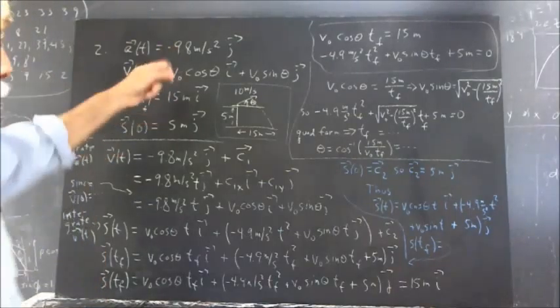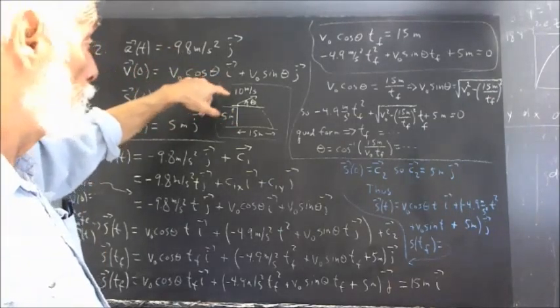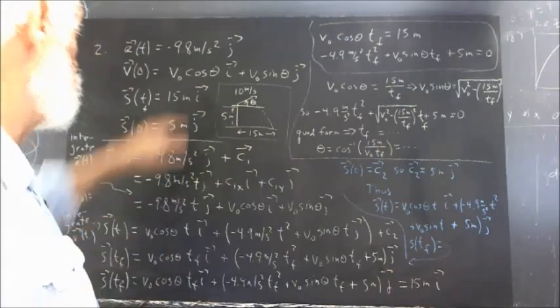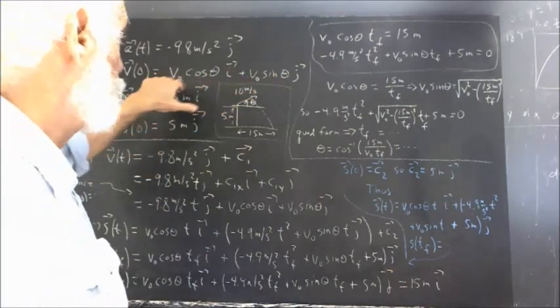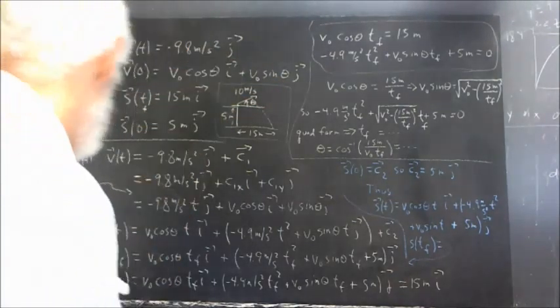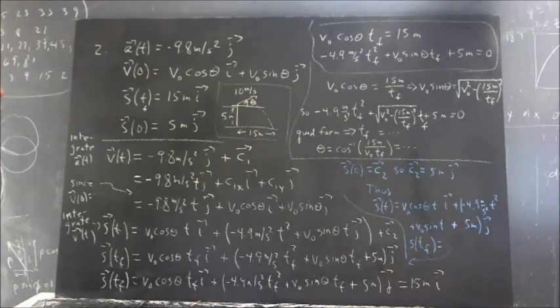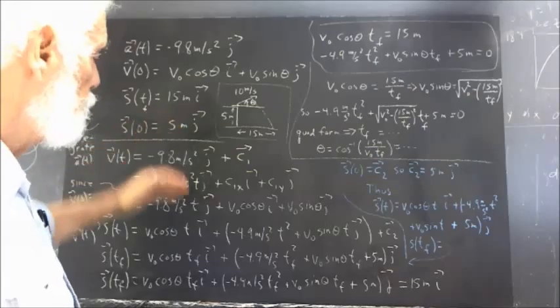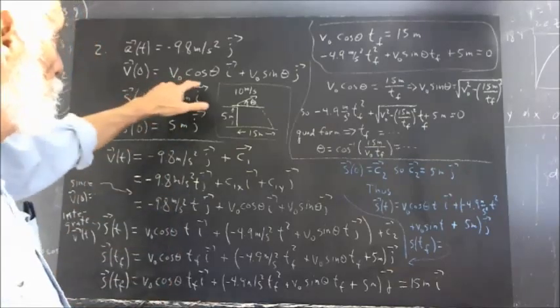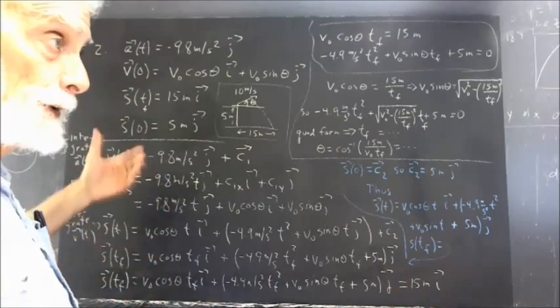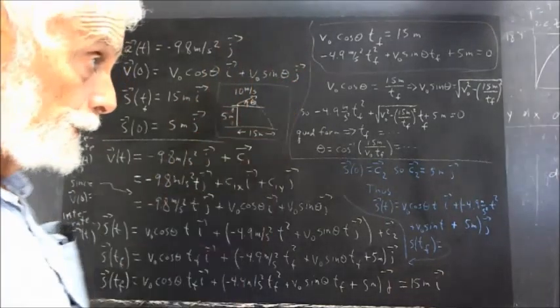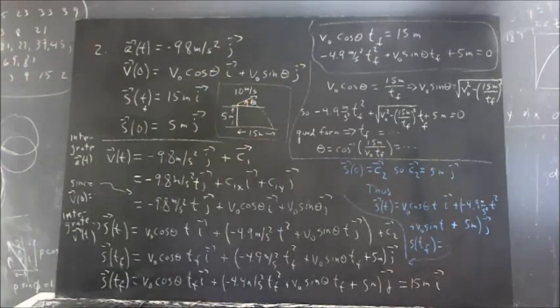Now v naught we know to be the magnitude of v naught to be 10 meters per second, so we could easily replace the v naughts with 10 meters per second and come up with various solutions. I've left the v naught as a v naught, but that's a given quantity, and at any stage we could substitute 10 meters per second.